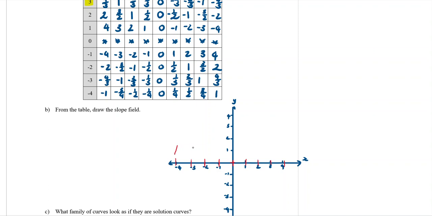So gradient of positive, and then 0. A gradient of 1 should be still 45 degrees though. The other ones are just much steeper than that. Then as I go to the right-hand side, they're all negative sloping. So I want a -1 slope. Then they're going to be getting steeper.